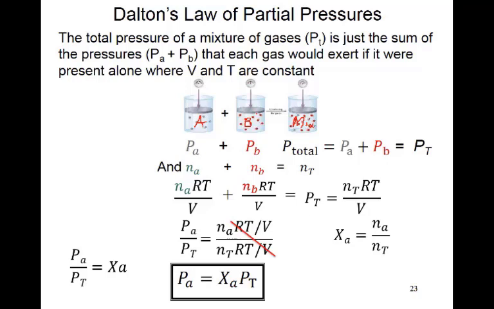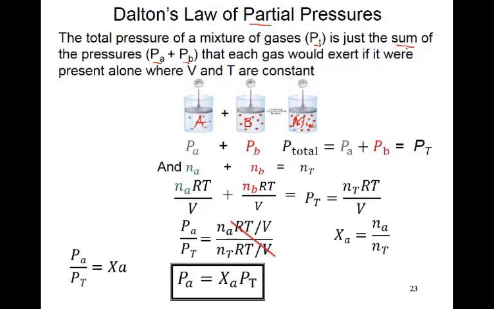So in the mixture, the pressure will be called partial pressure. Partial means part. So partial pressure of gas A plus partial pressure of gas B will be equal to the total pressure, because the law says the sum means total.